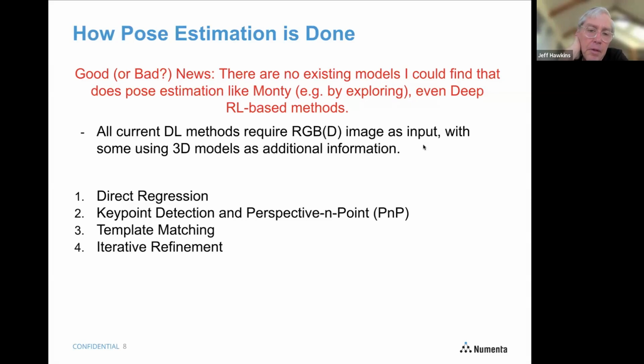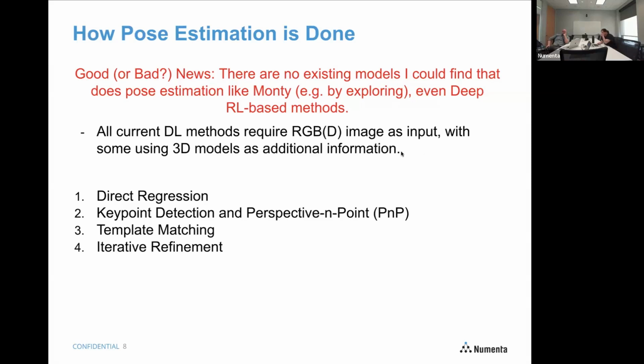You can't really separate those three out. So when we talk about pose estimation in a Monty setting, we also have to be talking about inferring the underlying object. You can't do a pose unless you know what the object is and where you are on the object. Does that make sense? Yeah. Okay.